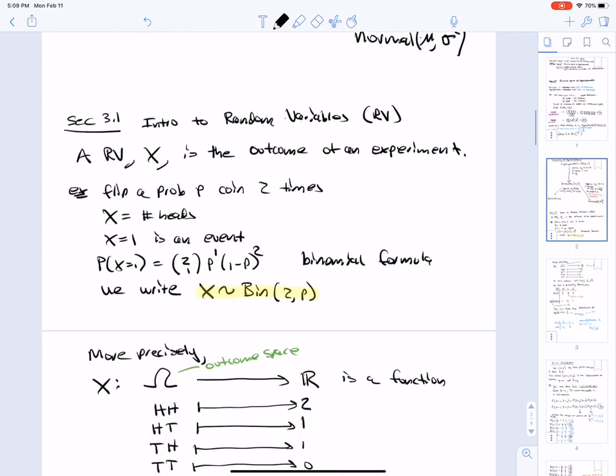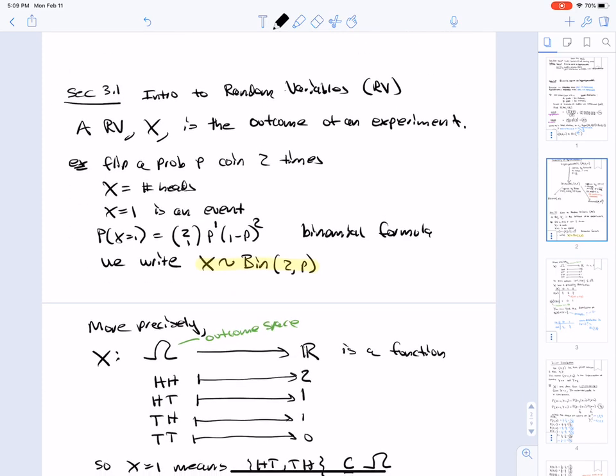So now on to chapter 3.1. Here we're talking about a random variable, X, which you can think of as the outcome of an experiment. For example, you flip a probability p coin 2 times, X is the number of heads.